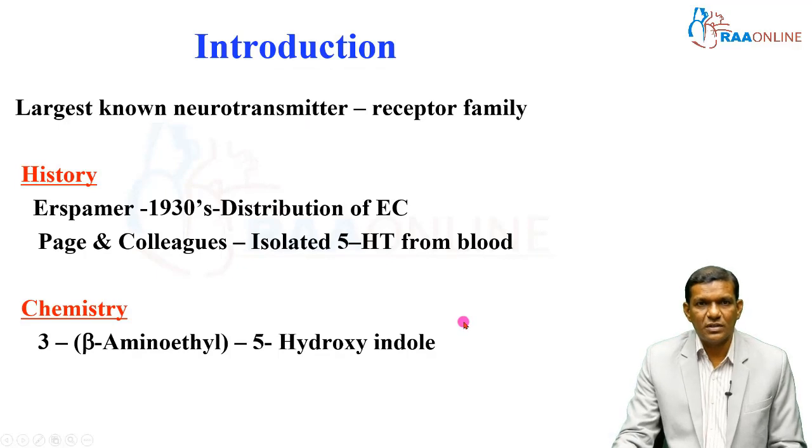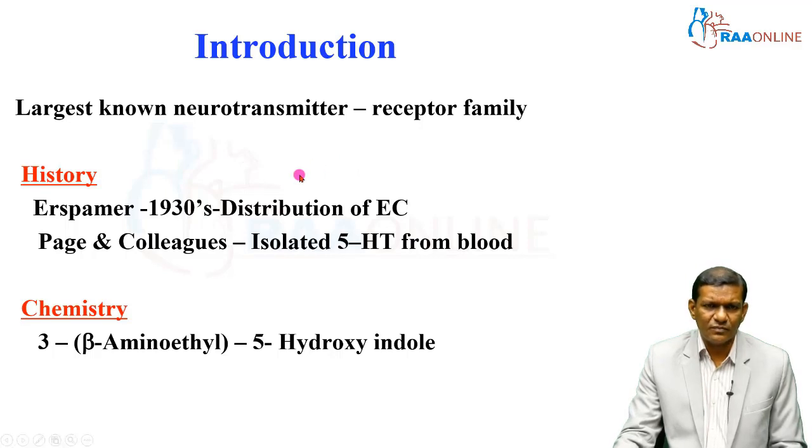So coming to the introduction, serotonin is the largest neurotransmitter receptor family. It has so many subtypes actually. And Erspamer in 1930 identified the presence of serotonin in the enterochromaffin cells. If you take the enterochromaffin cells in the gastrointestinal system, 90% of the serotonin is produced from that place.